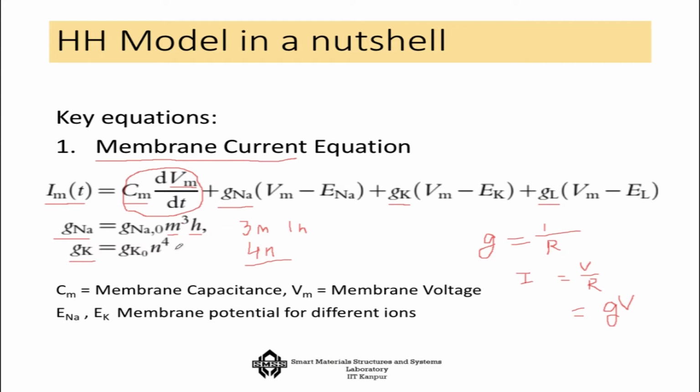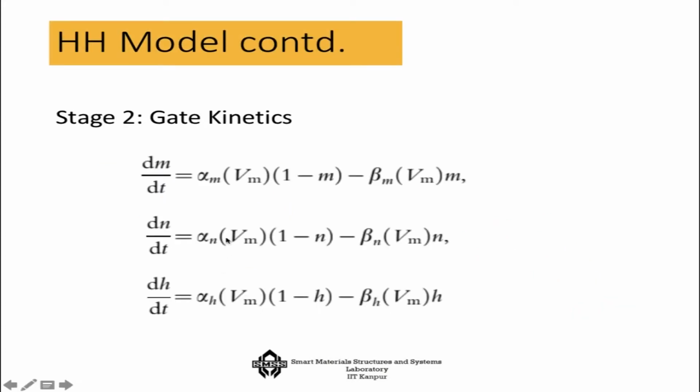Now m, h, n have their own rate constants. They have simple kinetics, which will be covered in the second equation, the gate kinetics equation, in which we talk about dm/dt, the rate of change of gate type m, then dn/dt and dh/dt. I also told you earlier that this depends on 2 things.